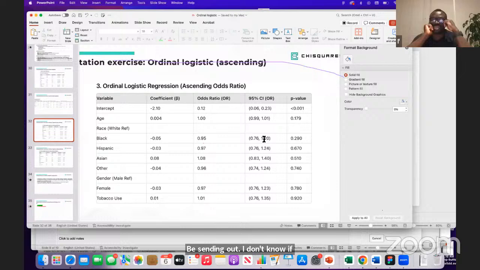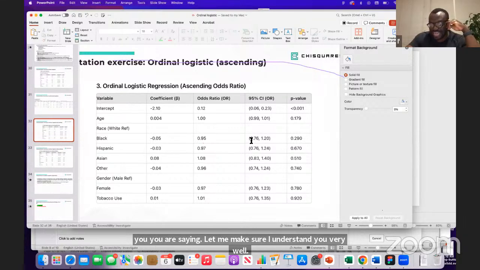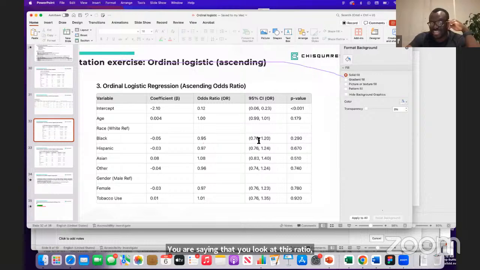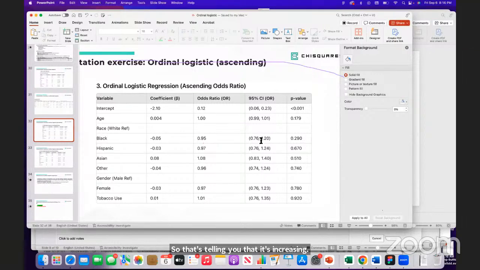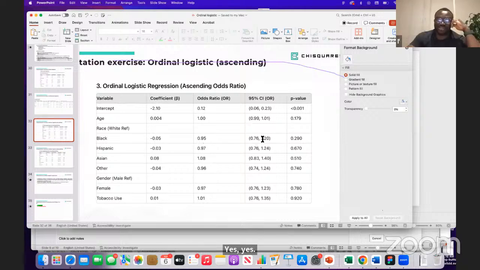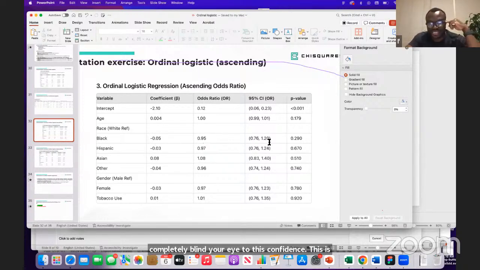I see where the confusion is coming from. Let me make sure I understand you very well. You are saying that you look at this odds ratio, this confidence interval, and it is increasing, so that is telling you that it's increasing. Yes. Okay, no, don't look at the confidence interval that way. Just completely blind your eye to it. This is only to tell you whether this result is statistically significant.